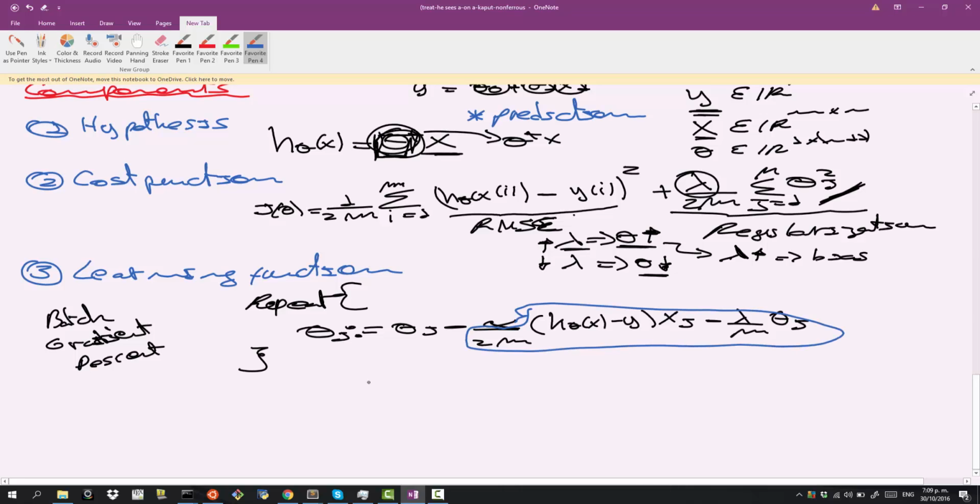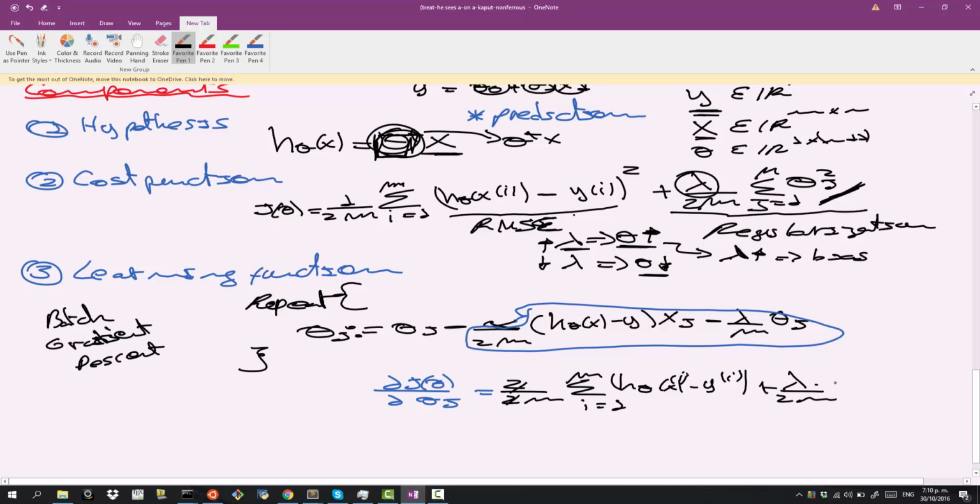If we apply the derivative of the cost function with respect to some parameter, we're going to obtain this thing from right over here, because we use 2 over 2 times m, so these two go, times the summation from i equal to 1 until m of h of theta sub x minus y sub i, and plus lambda over 2 times n times 2 theta sub j, and of course the summation for each of those.